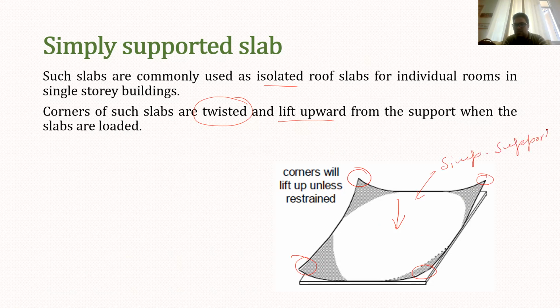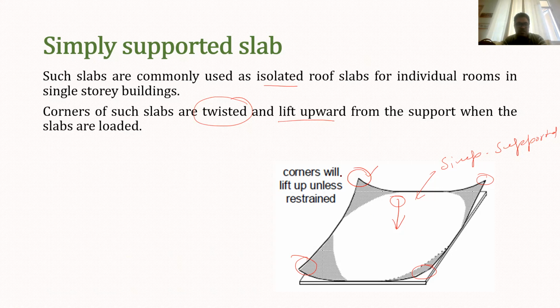Such slabs are known as simply supported slabs, in which the corners lift up because of the application of the vertical downward load. Now, if we provide restrictions against this upward movement, then that kind of slab will be known as restrained slab. So that is the basic difference between simply supported and restrained slab.